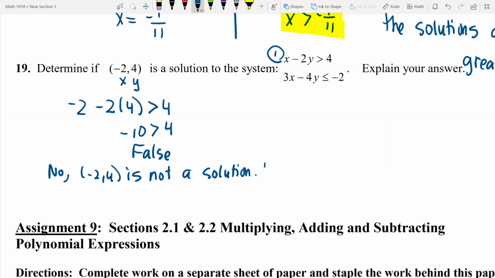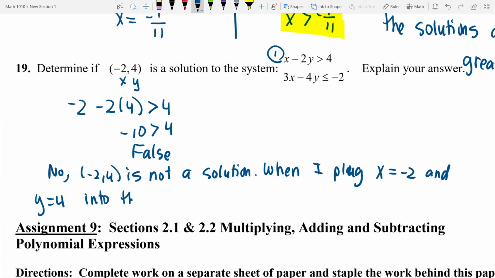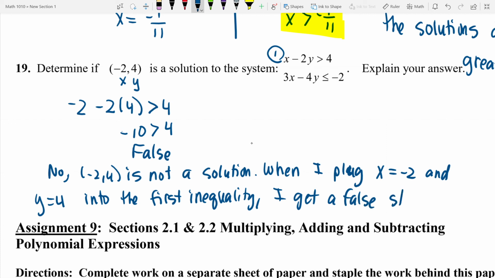I'm going to say when I plug x equals negative 2 and y equals 4 into the first inequality, comma, I get a false statement. Done.